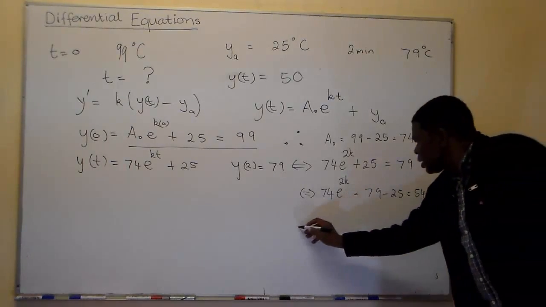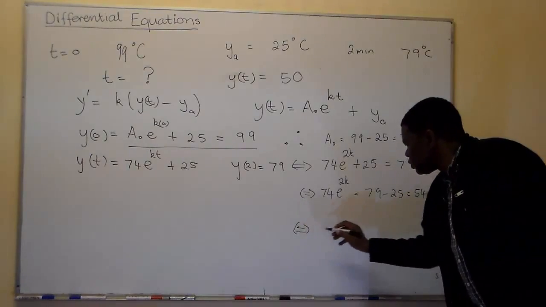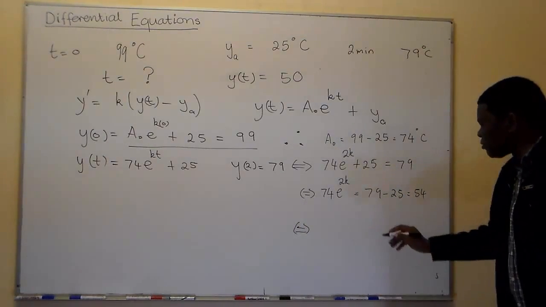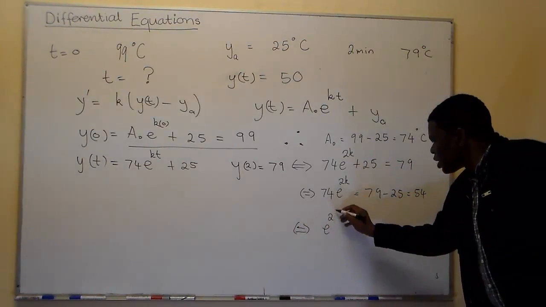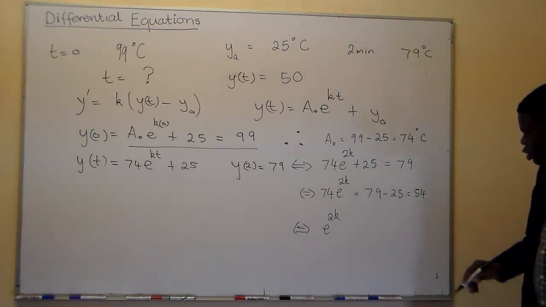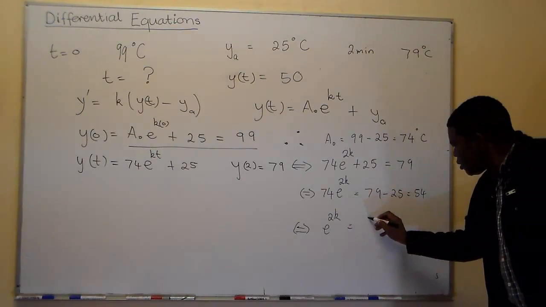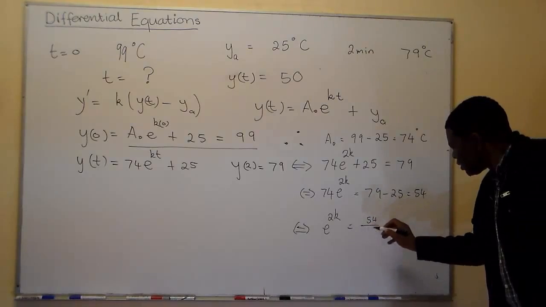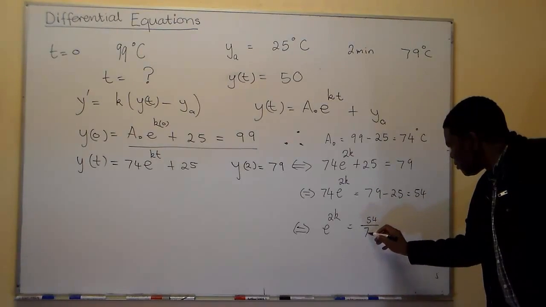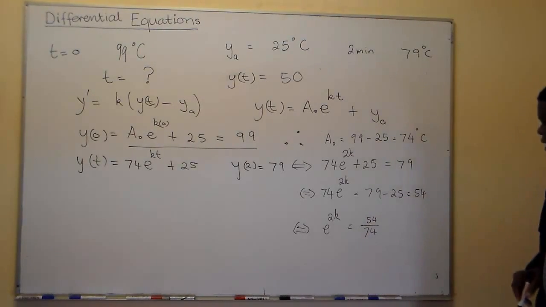Now that will take us to dividing both sides by 74, so e to the exponent 2k will be equal to 54 divided by 74.